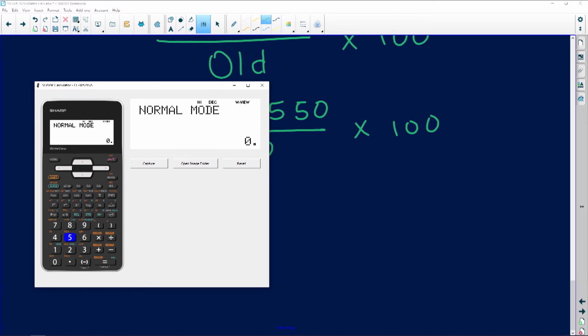No. 440 plus 110. Oh, stunning. I thought that was incorrect. So it's going to be 440 minus 550 all over 440. Okay, I'll just multiply that in the end.